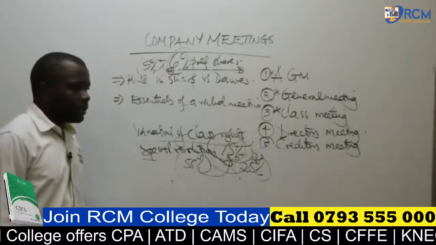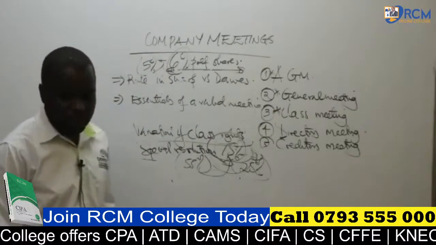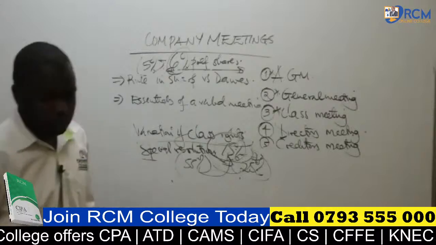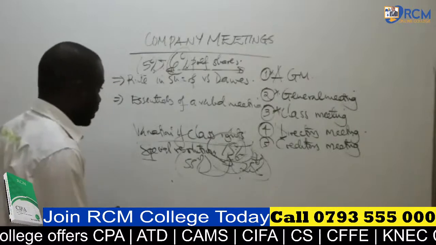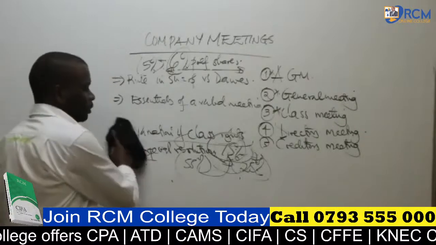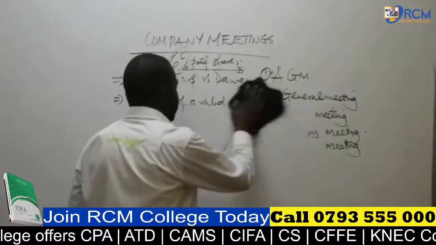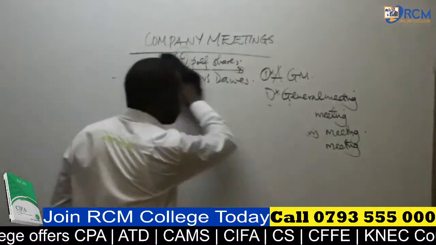So we can look at resolutions that are normally passed in a company meeting. As I've told you, there are two major resolutions. So we can have an ordinary and a special resolution.